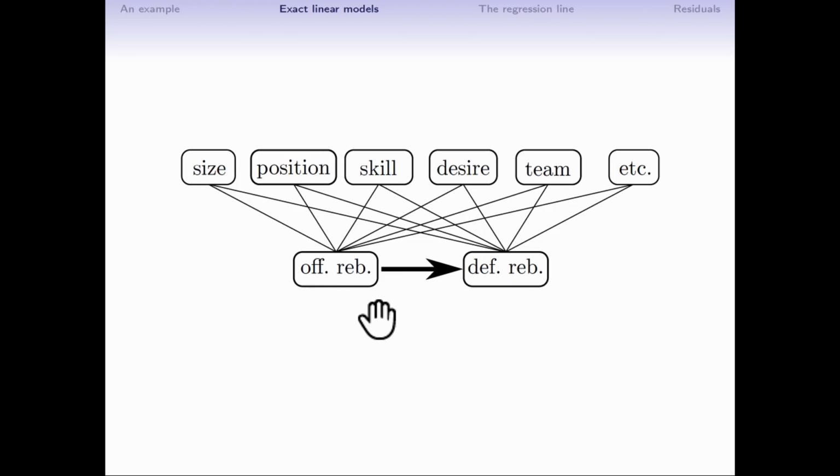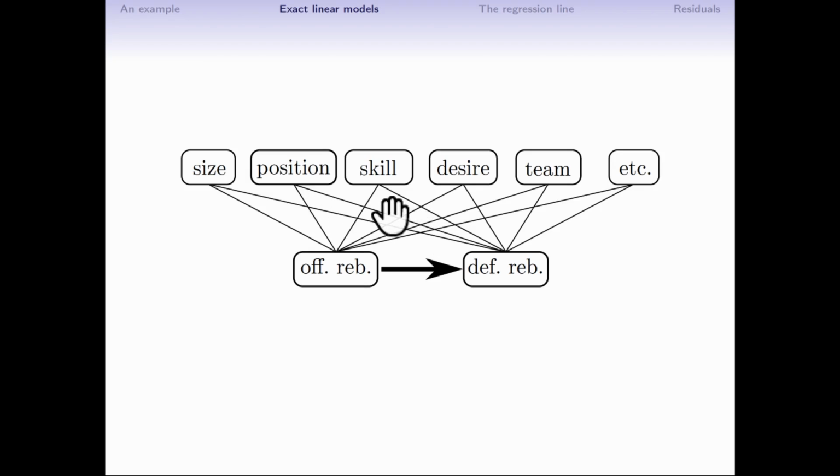In fact, both of these rebounds are highly influenced by some other confounding variables, by some other variables that are not present in the problem. So think about the things that influence both offensive rebounds and defensive rebounds. The size of the player is important. What position do they play? Are they playing a forward or a center position? Are they near the basket typically, or are they far away from the basket? That's going to affect the number of rebounds.